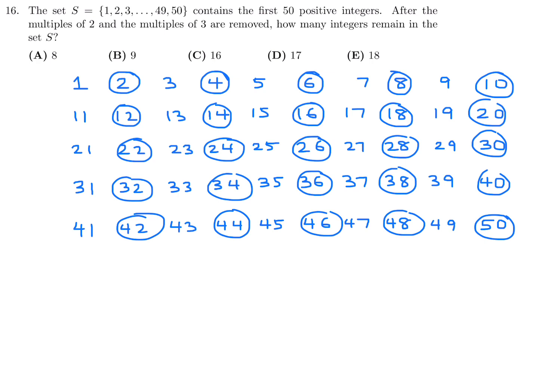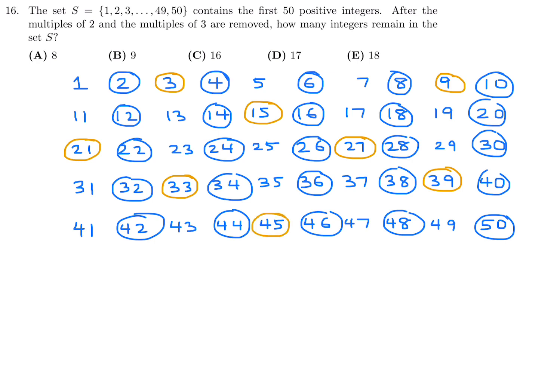So let's just use a different color for multiples of 3. Now, some of these have already been circled. You might notice that, because some numbers are both multiples of 2 and multiples of 3. So these are multiples of 3 that I'm circling that I haven't circled yet: 30, 33, 36, 39, 42, 45, and 48.